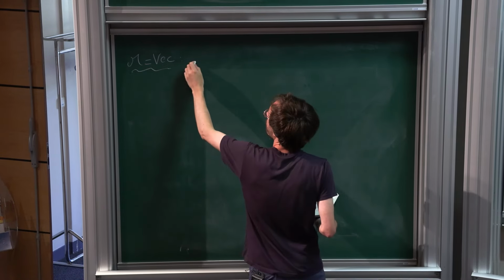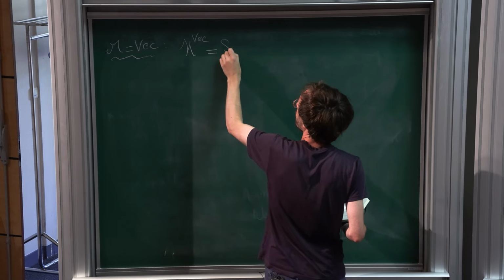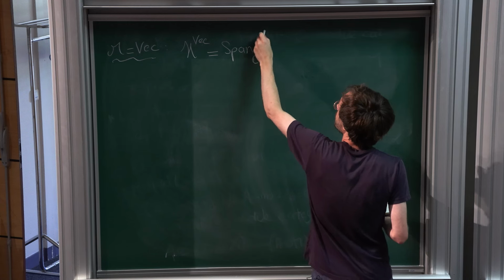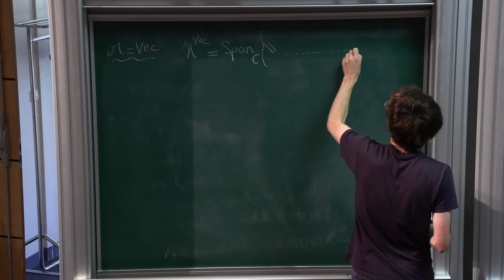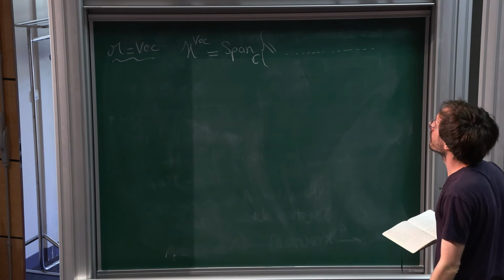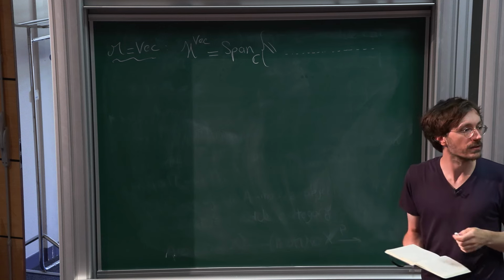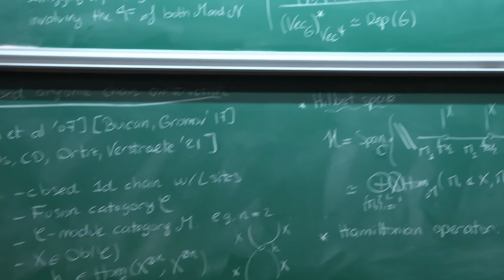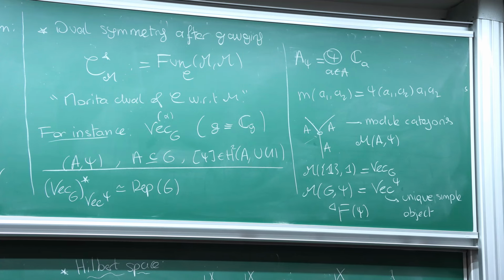So more explicitly, how does the Hilbert space look? Well, it's quite simple in that case. In vec there is a unique object, so I'm going to use this dashed line to represent that there is no freedom there. Very stupid question. You had vec G and vec psi. Which one are you talking about now? Okay, so vec psi as a category was just vec, right?